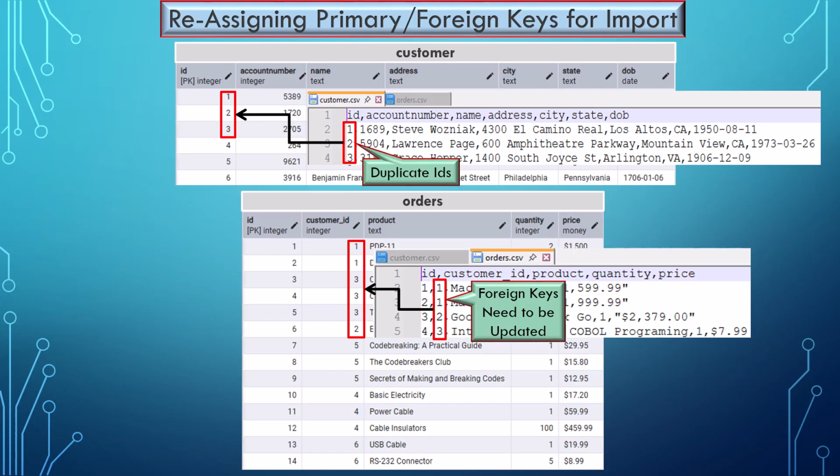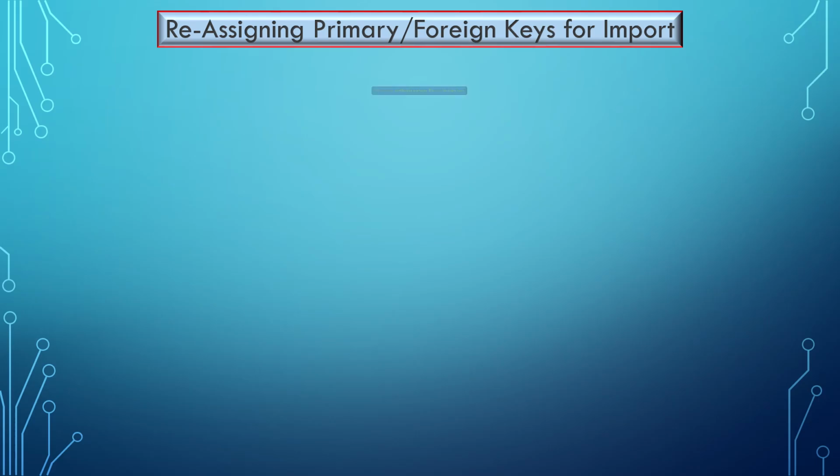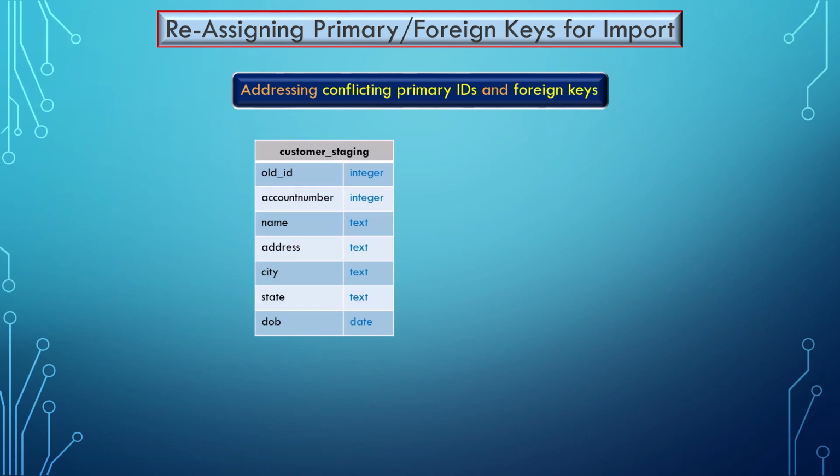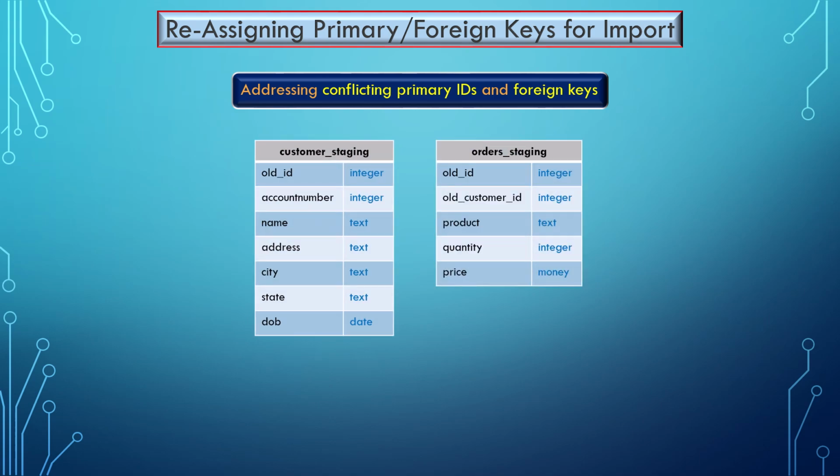Also, the foreign keys customer_ID in the orders table would need to be updated if the ID column in the customer table is changed during import. In order to resolve this issue of conflicting IDs, we will need to create a customer staging table and an orders staging table.